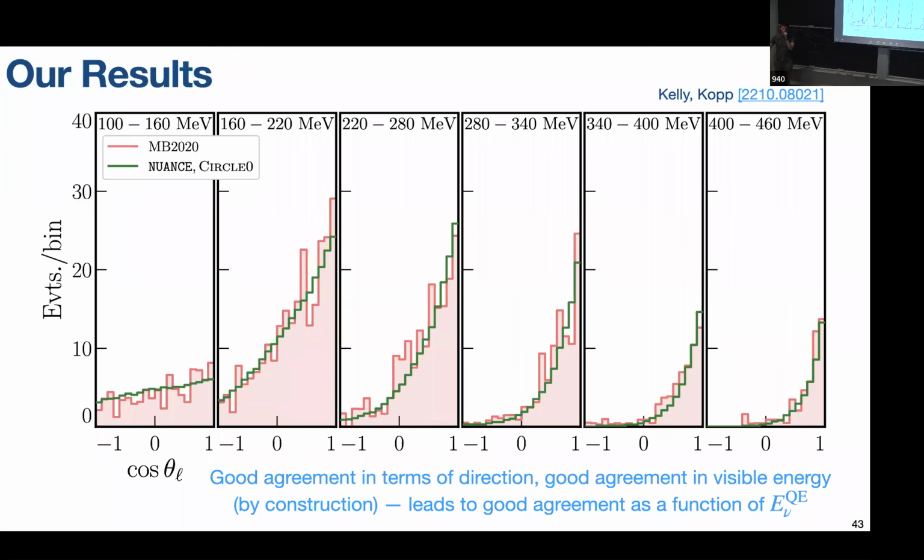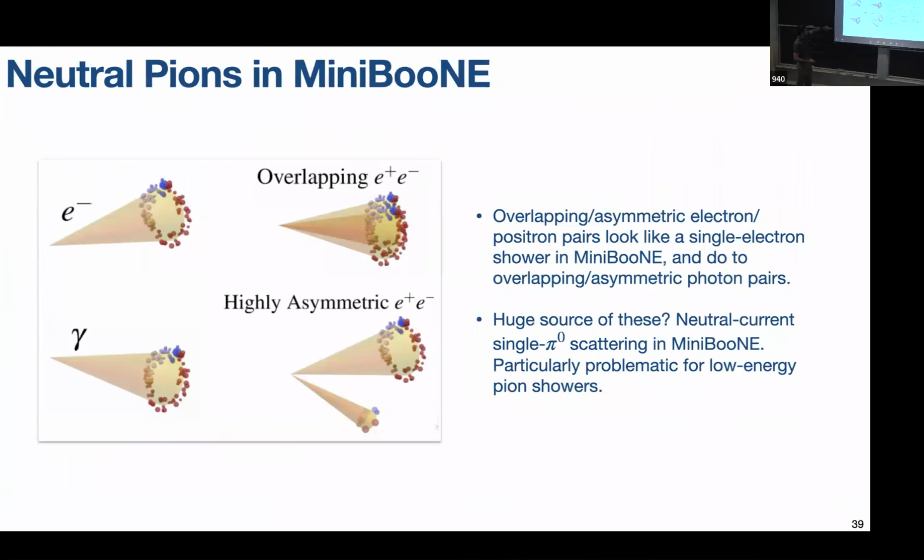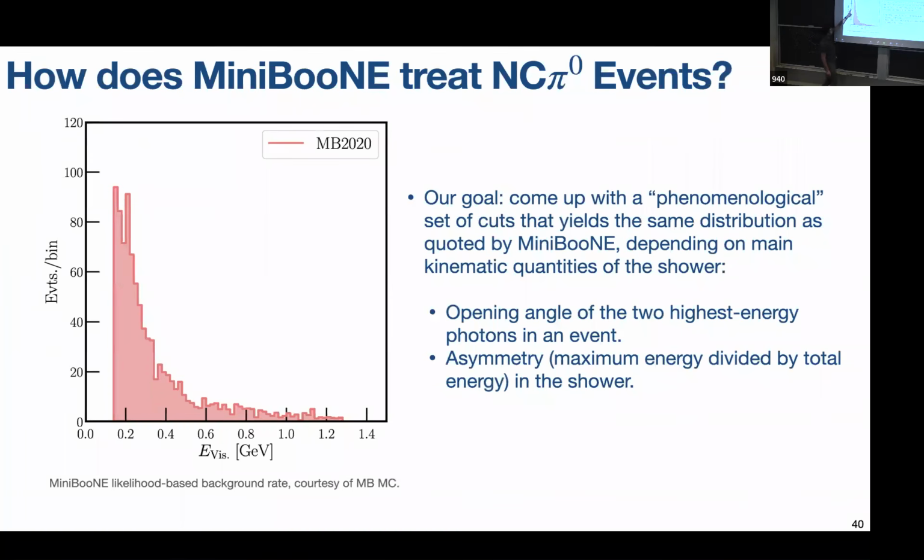Yeah? I was wondering, is this just the tail end of the peak? The tail end of which peak? Of the peak for the event, or like the energy peak of that. This is going from 100 MeV visible energy up to 460, which is most of this distribution.